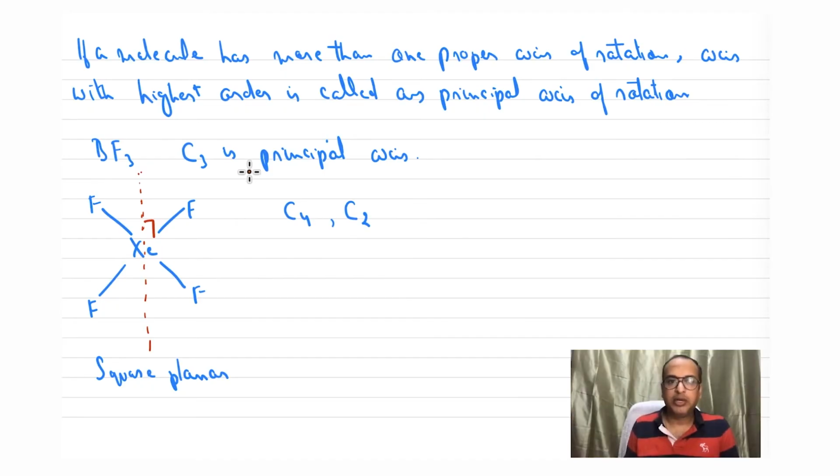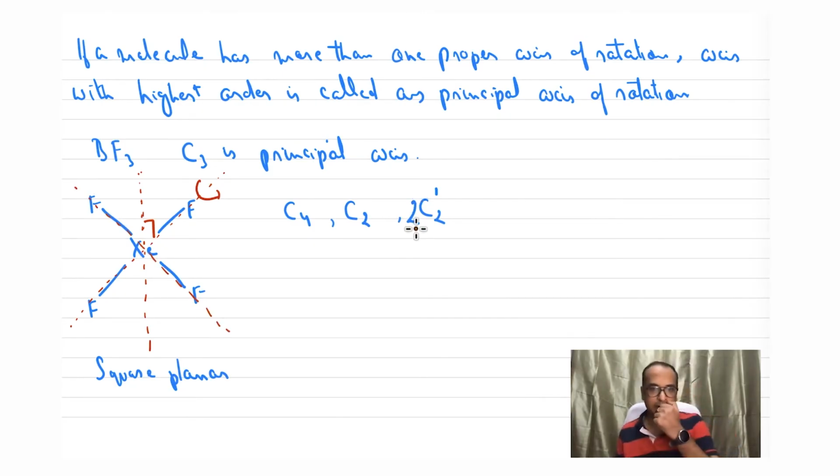Now, in addition to that, there would be one C2 axis which is actually passing through the F-Xe-F bond, right? So this will be C2 prime, and there will be two such axes because there are two such stretches. So there will be one more like this. So we can write over here 2C2 prime, right?